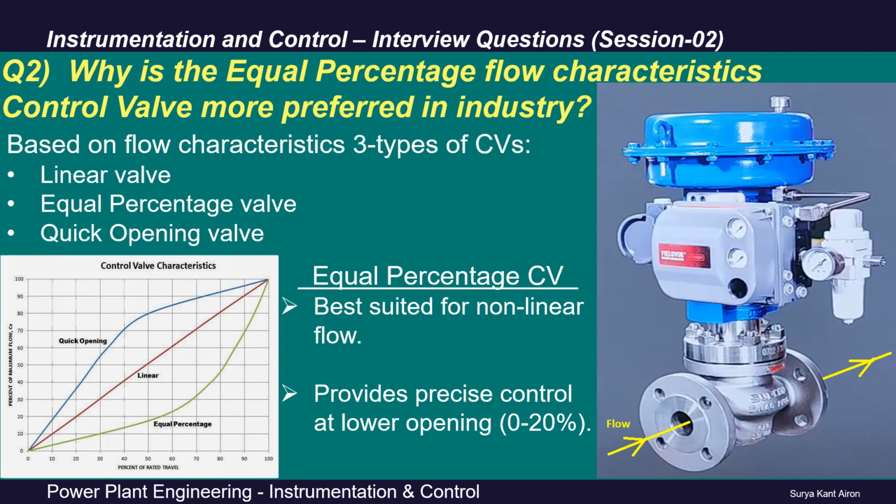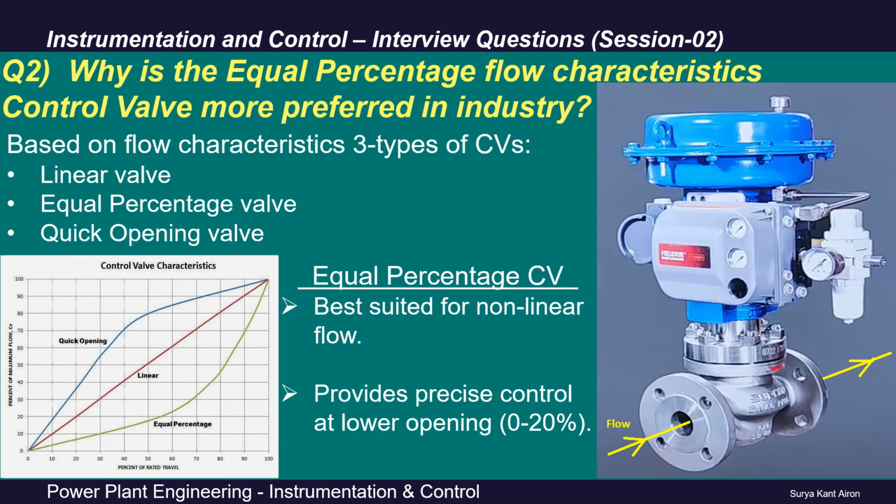If the flow behavior is linear, then a linear opening control valve is used. Whereas if the fluid behavior is non-linear, then an equal percentage control valve is used. And in our power plants, in most cases, the fluid behavior is non-linear. Thus, an equal percentage control valve is used instead of the linear opening control valve.